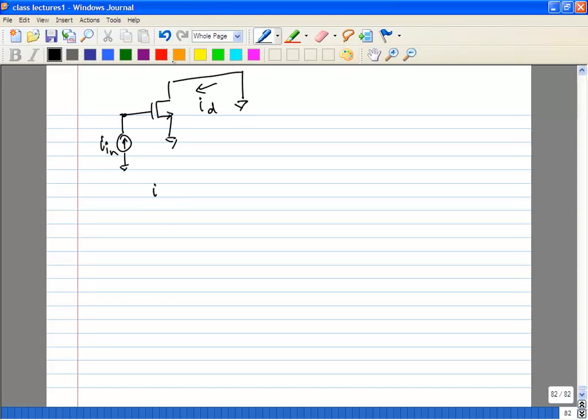Okay, if you do that, what is that? You have Gm times In over omega times (CGS plus CGD), which is the voltage between the gate and source. So ID over In is this expression, and you want to set this to 1, right?